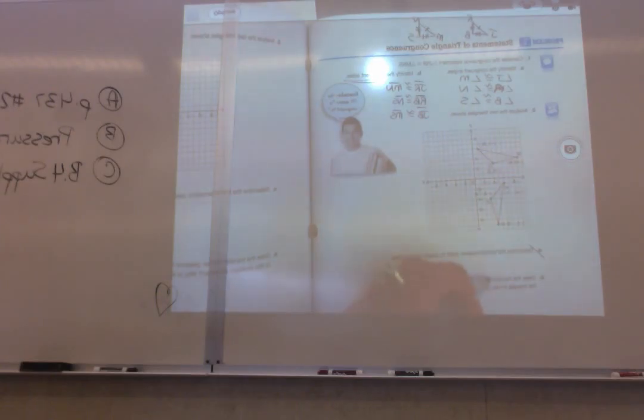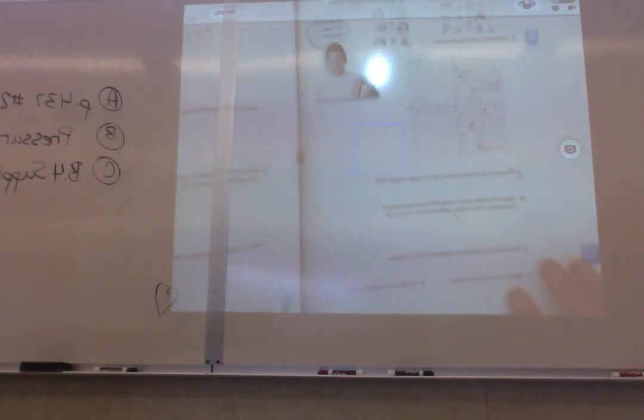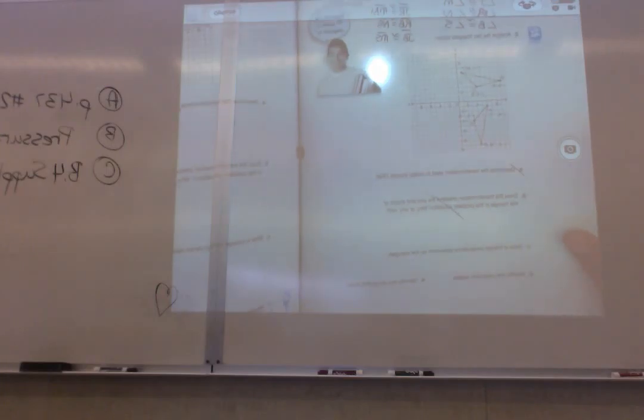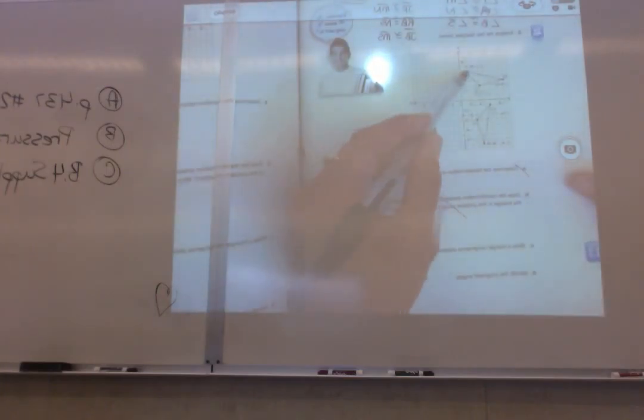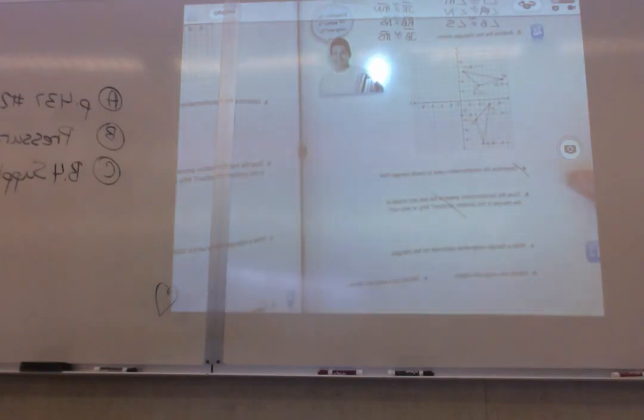What we're going to do now is write a triangle congruent statement, and we need to look at this carefully. What has happened to this triangle? If this is the starting one, what did they do to get it to here?